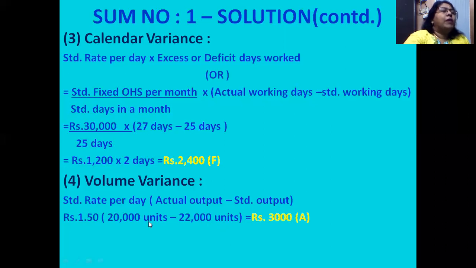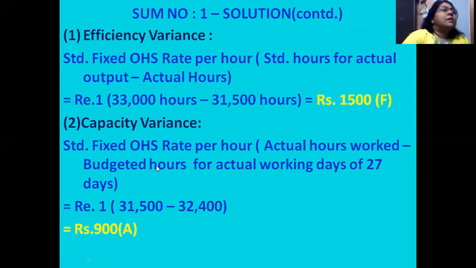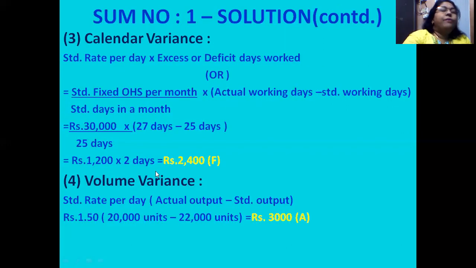So we are getting a negative answer in the bracket, minus 2,000 into 1.5, so minus 3,000. That's what I mentioned. The answer is adverse. So by referring to this video, you will come to know how to calculate efficiency variance, capacity variance, calendar variance, and volume variance under overhead variance analysis.